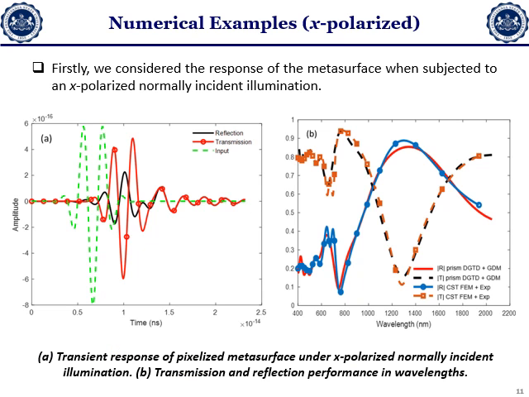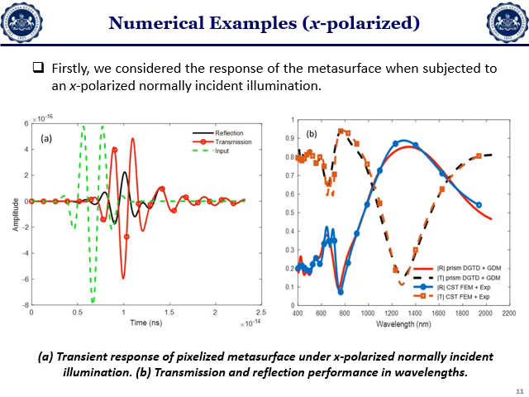Firstly, we consider the response of the metasurface when subject to an X-polarized normally incident illumination. The left is the transient response, and the right is the Fourier transformation.